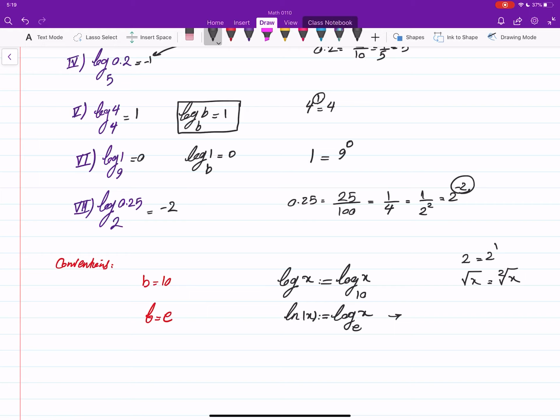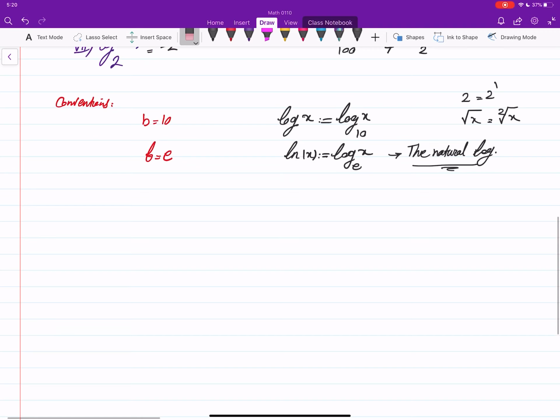In this case, we call this the natural log. Remember that the exponential function e to the power x is called the natural exponential function. Here also, if the base is e, we call it the natural log.